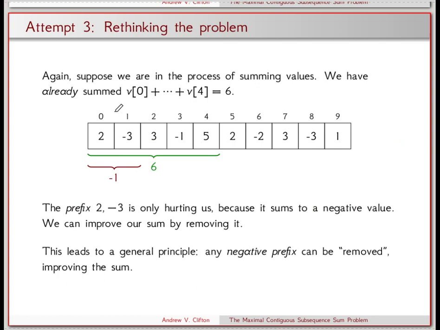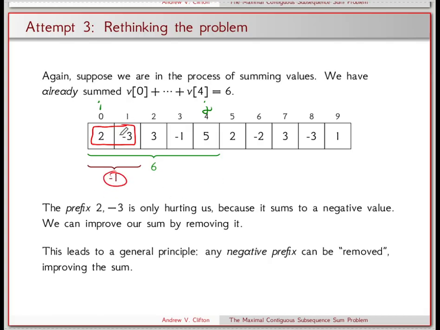So again, let's assume that we're summing some stuff up here. Let's say that i is here at 0 and j is over here at index 4. So we've summed up all the values in between. Here we're going to observe that these first two values, 2 and -3, are just hurting us because they sum to -1.